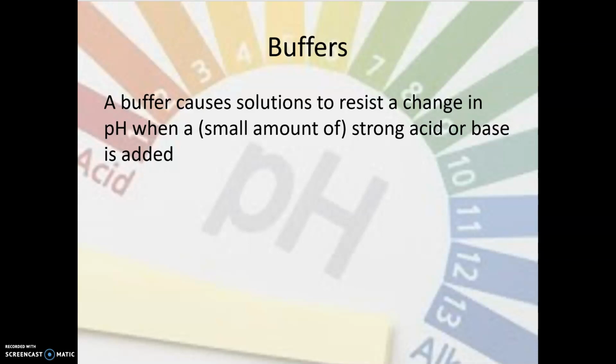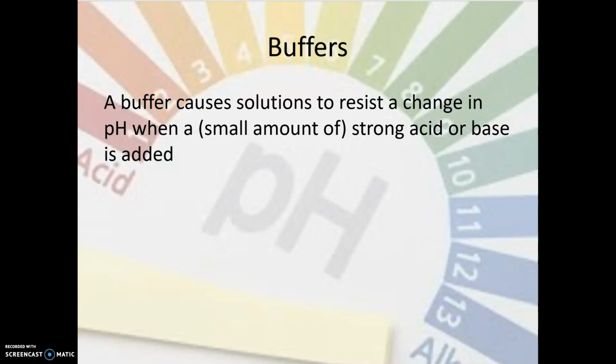But by definition, a buffer will cause solutions to resist a change in pH when a small amount of acid or base is added. And I think the misconception here is that a buffer can actually hold a pH constant, and it cannot. But if we add a small amount of acid, the pH won't change much.